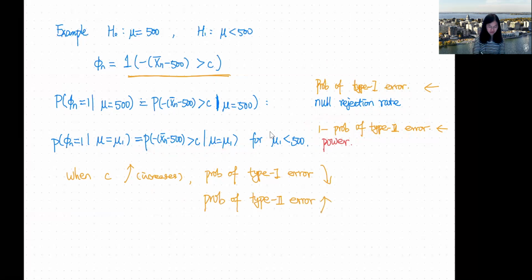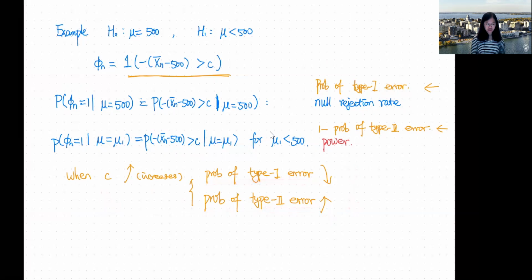So when C increases, when you choose a bigger threshold, you decrease type 1 error, but you increase type 2 error. And reversely, if you decrease C, if you use a smaller threshold, then type 1 error increases and type 2 error decreases.